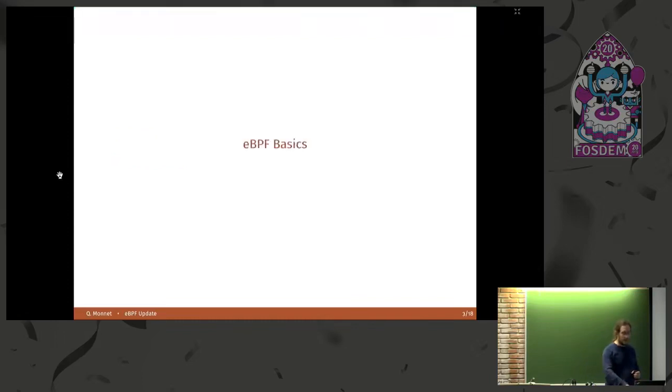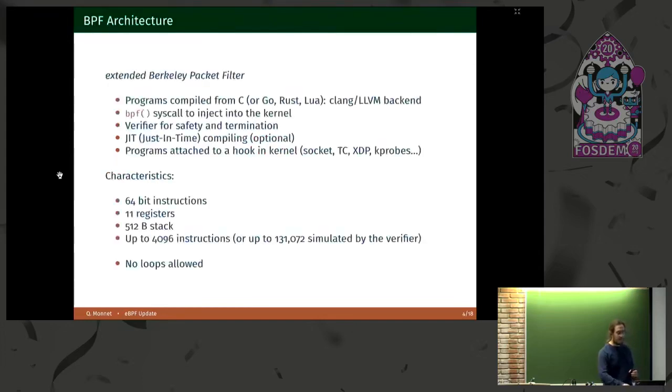So just before we start, a few reminders about how eBPF works. You get programs compiled from C most often with Clang or LLVM, and then injected from user space into the kernel, where you can attach them to one of the existing hooks.